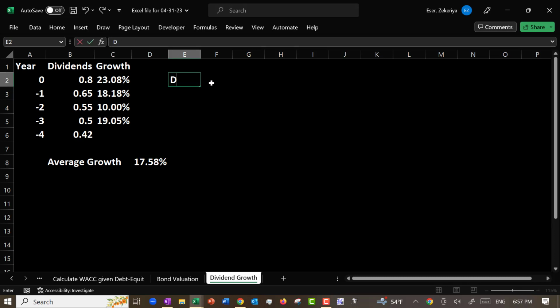So my D1 is going to be dividend last year times 1 plus the growth rate.